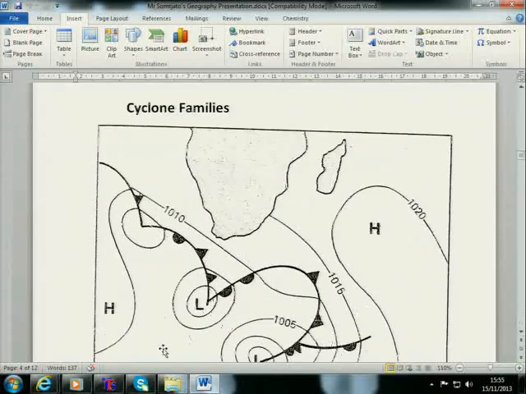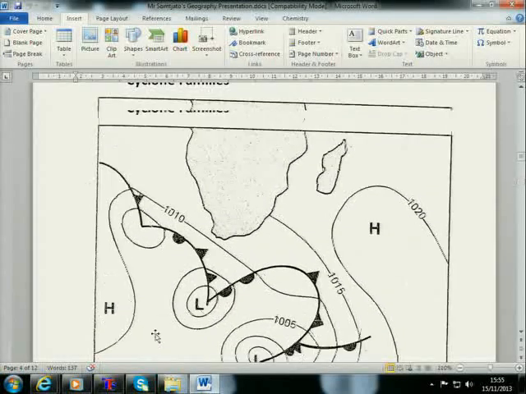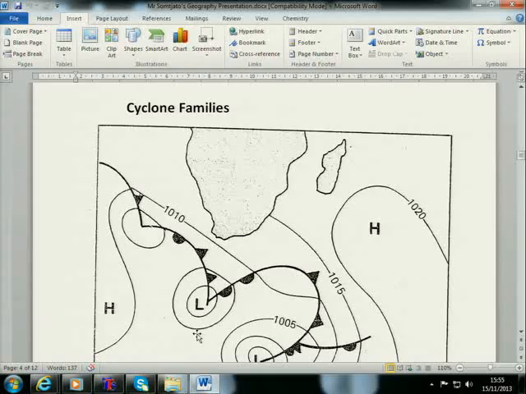You can see in this diagram that we are having how many mid-latitude cyclones? Number 1, 2, and 3. These are the 3 members of the mid-latitude cyclones. It is only the mid-latitude cyclones that occur in families of 3 to 4.